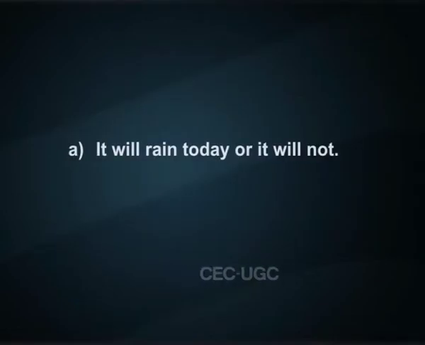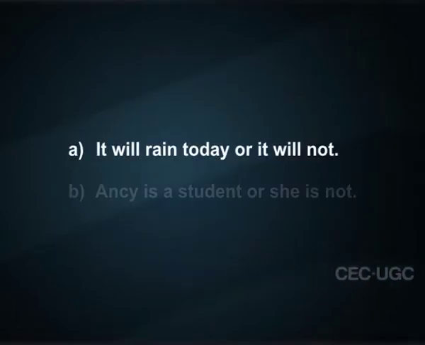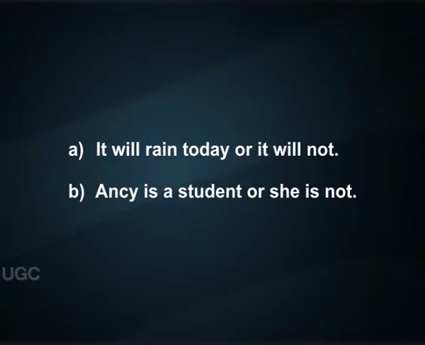Thus, the two statements A, it will rain today or it will not, and B, Nancy is a student or she is not, are statements having the same structure but different in their content. However, the one who studied logic knows that in spite of their differences in content, both the statements are always true or tautology by virtue of their structure.